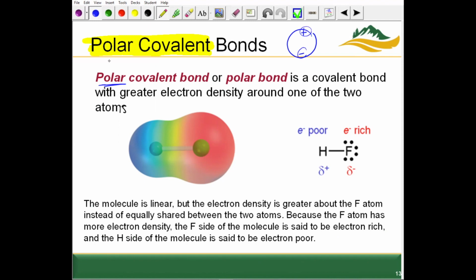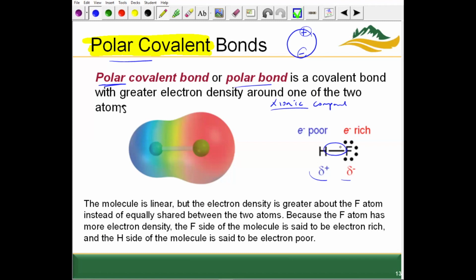So for something to be in a polar covalent bond, or just called a polar bond, means we have some separation of positive and negative charge. This is not the same thing, though, as an ionic compound. Ionic compounds have a transfer of electrons. In a polar bond, they're still sharing that pair of electrons.